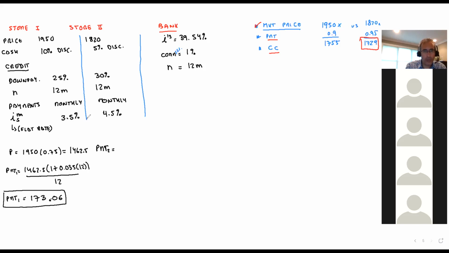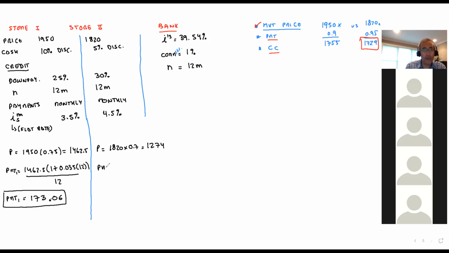So now if I want to compute payment 2, we do the same. What is the amount of money? My principal is going to be 1,820 times 0.7. So I get 1,274.